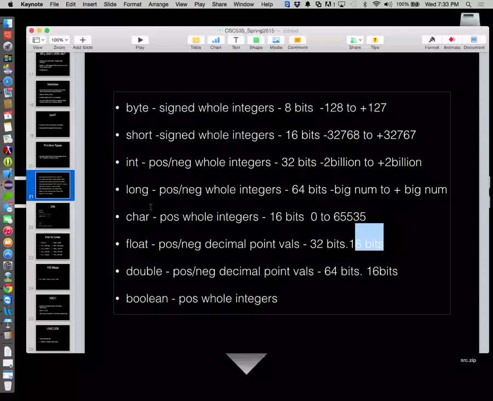So if we did need to hold numbers bigger than that, there are some options beyond these primitive types. But that's what a primitive type can give us. Make sense? Okay. Similarly, a double can give us up to a certain point, but eventually you run out of precision there as well. 64 bits is not unlimited. It's big, but it's not infinite. Make sense?